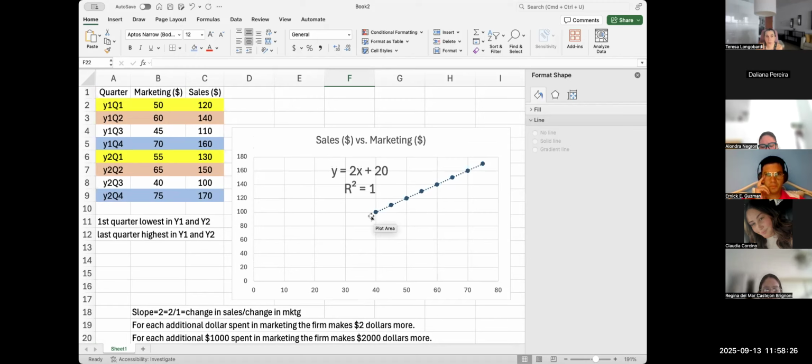The more we spend, the more we make, and it is captured in this relationship. So I think the regression captures the seasonal fluctuations in this case because it all falls in a line.